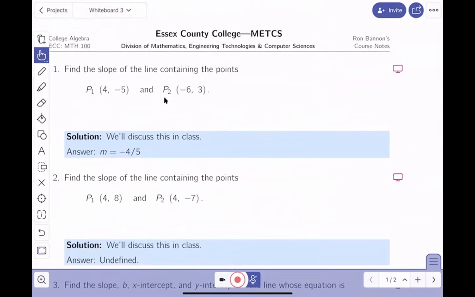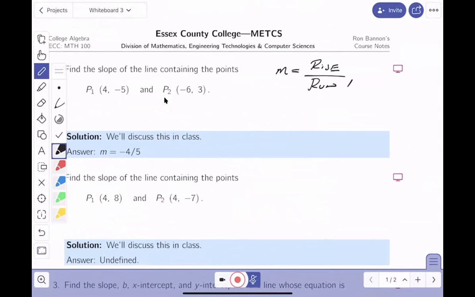All right. So I'm reading number one. They want to find slope. Let me just remind you that slope you can think of as a rise over a run. You may want to think about slope as a delta y, that's really the change in the ordinate over the change in the x.